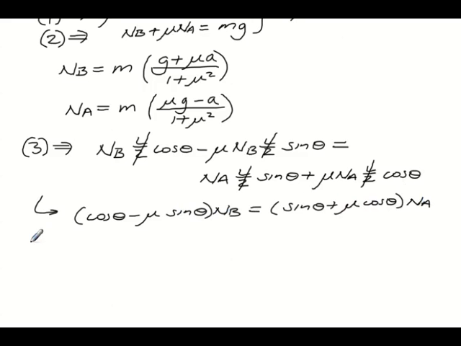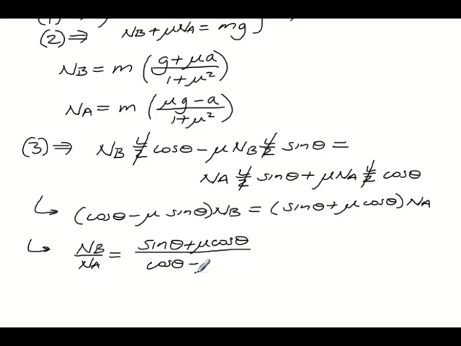And if I take the ratio of NB to NA, just from that equation, I get the ratio of sine theta plus mu cosine theta, divided by cosine theta minus mu sine theta. So that comes straight from there.